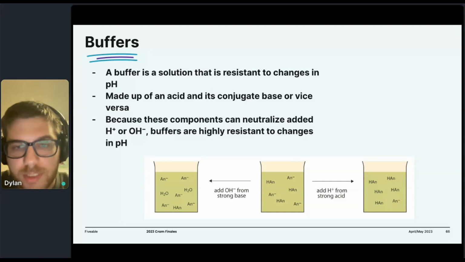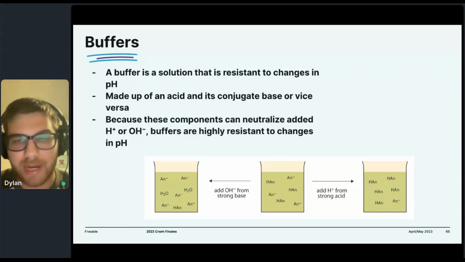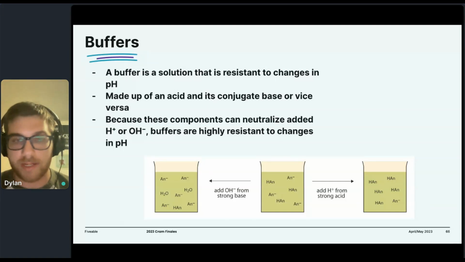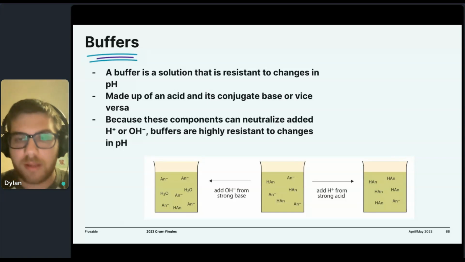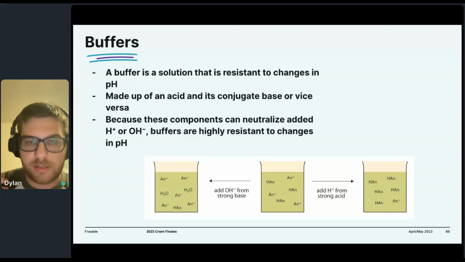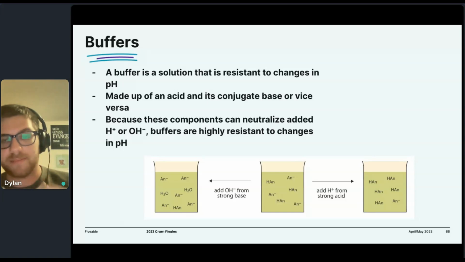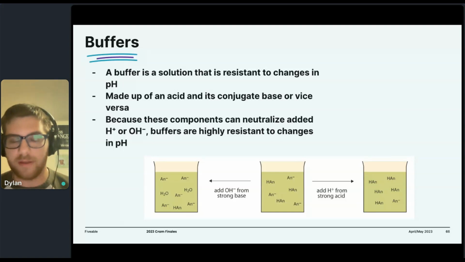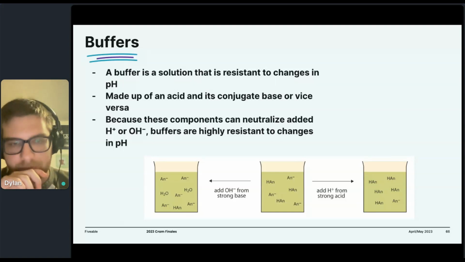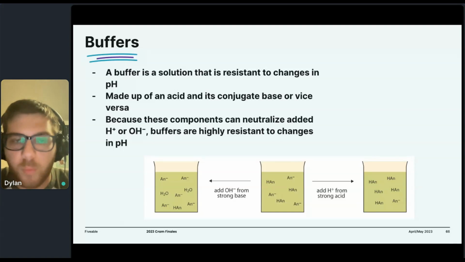So if we look at the image on the bottom, we have some AN meaning anion, right? That acid and its conjugate base, the anion. If you add hydrogen, it is going to be absorbed by the conjugate base present. And if you add OH minus, it'll be absorbed by the acid present and form water.